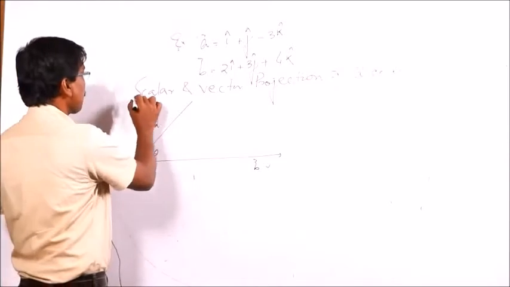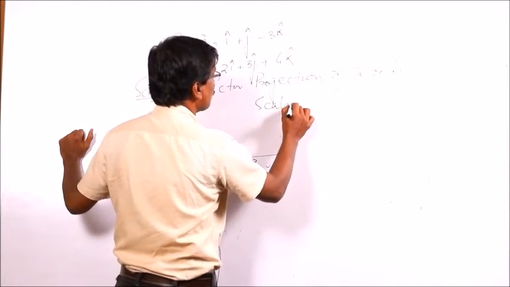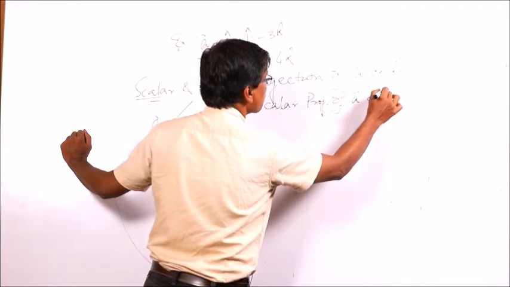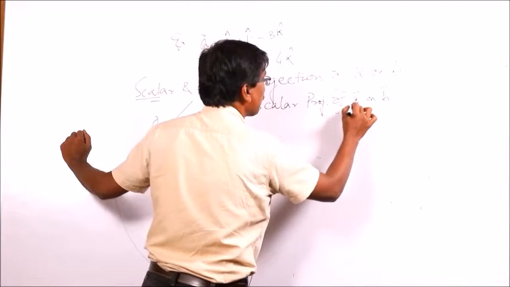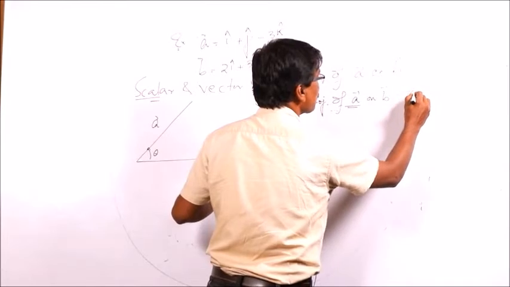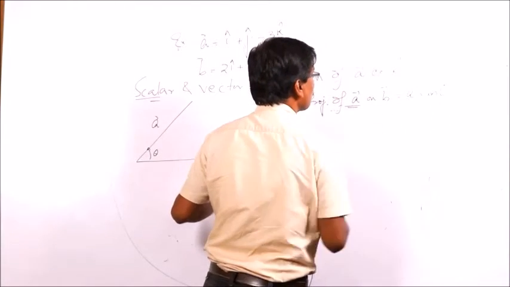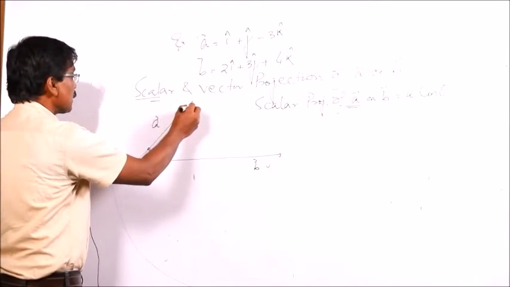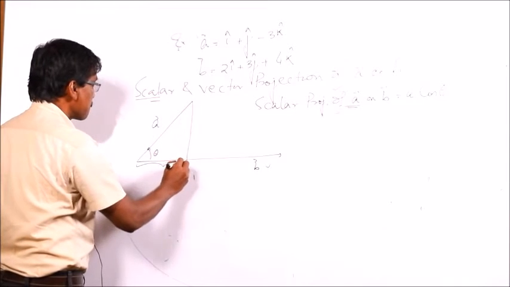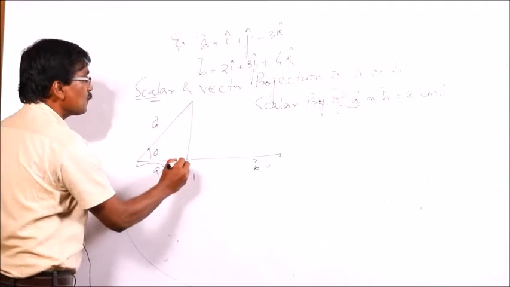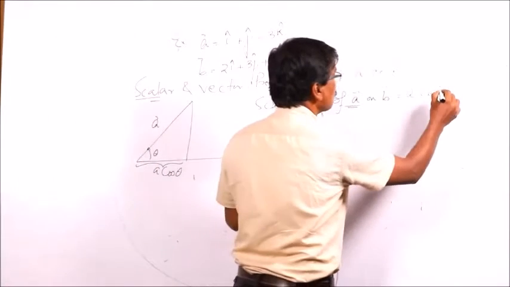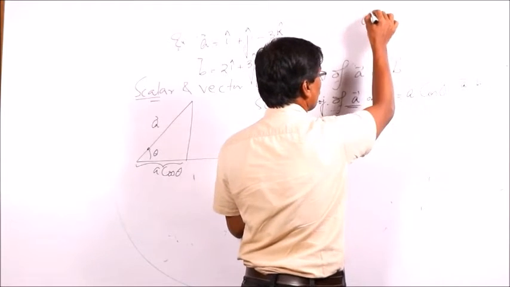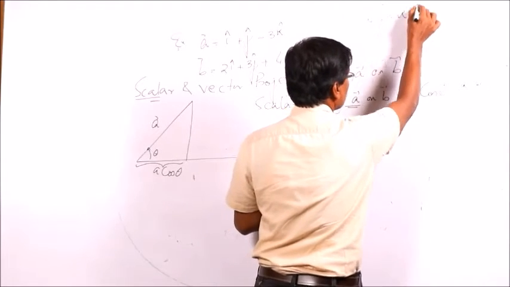So, scalar projection first, that is the scalar projection of A vector on B vector is magnitude of A into cos theta. So, this quantity is A cos theta. We have A dot B is equal to AB cos theta.